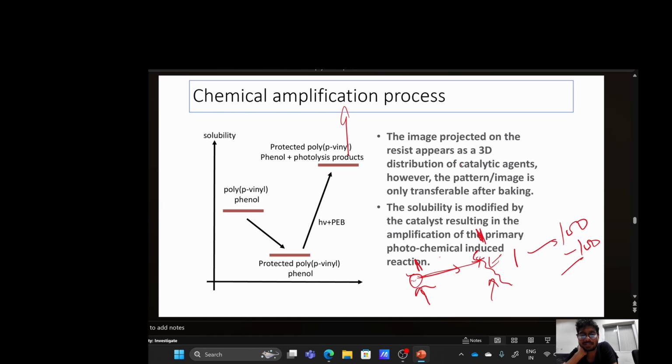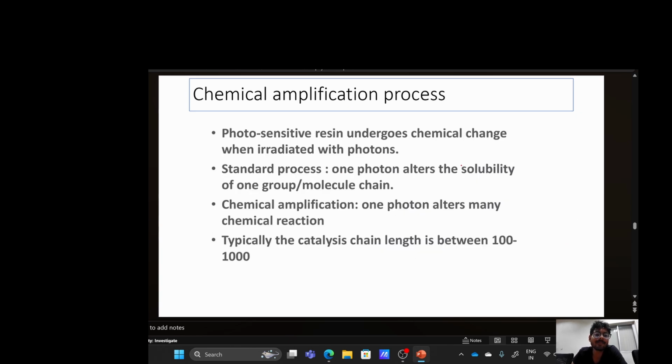There are some catalysts that can be used in this photoresist, which can improve the chemical amplification process. Now the next one is this chemical amplification process. The photosensitive resin undergoes a chemical change.